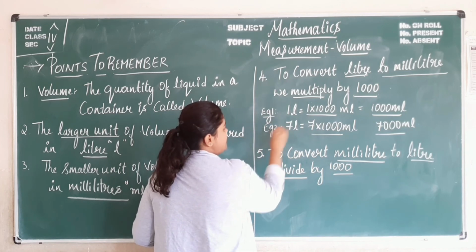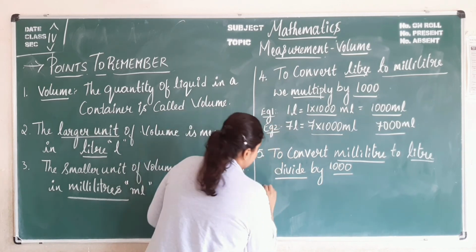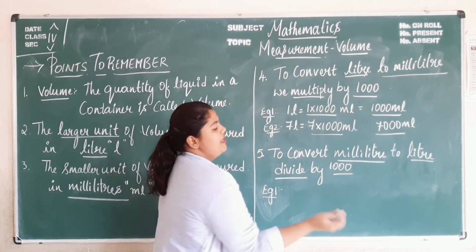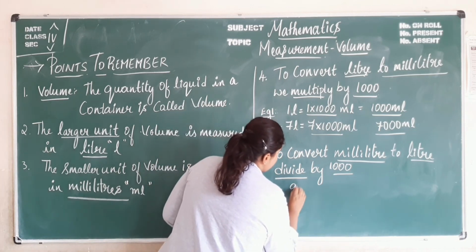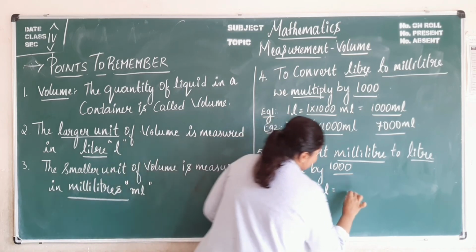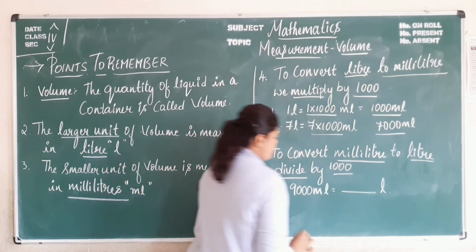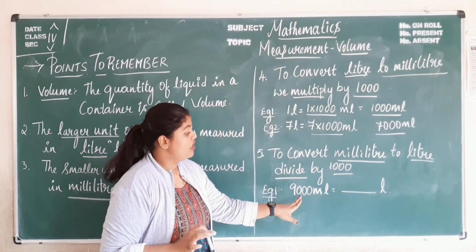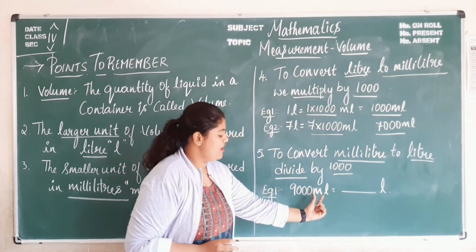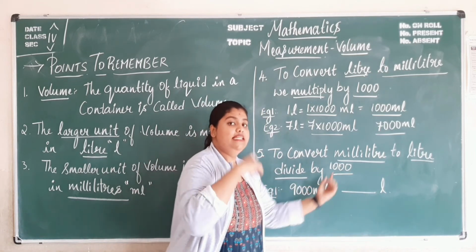Here you write it as example 1 under the 5th point, example number 1. If I take 9000 ml is equal to dash liters. So what I am doing is converting milliliters to liters.